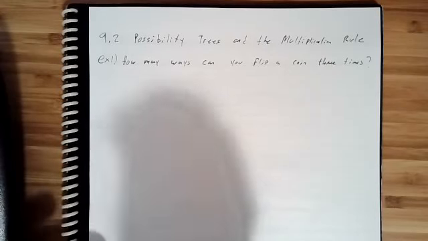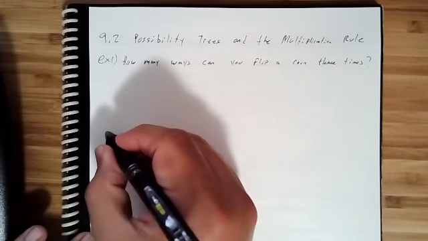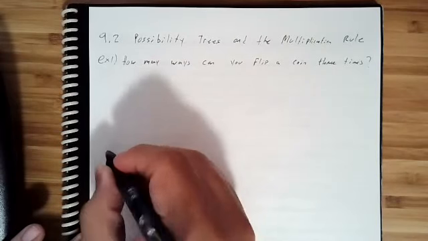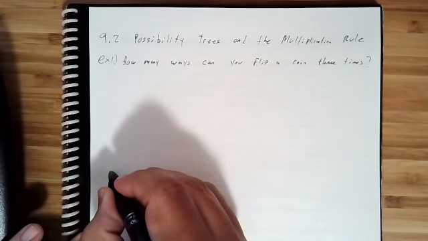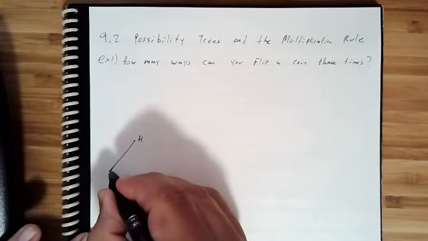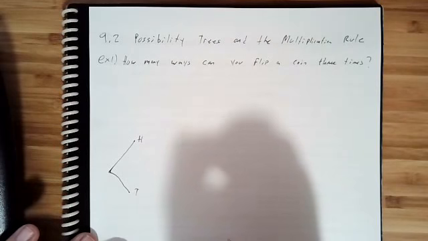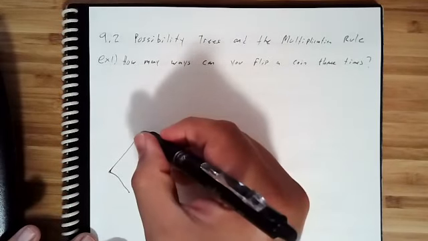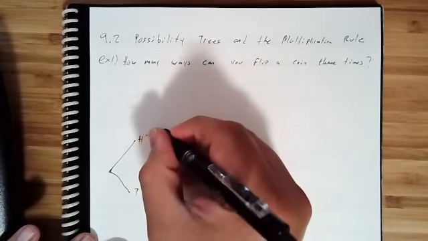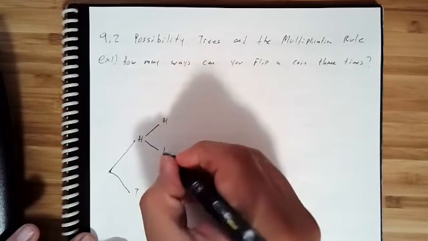So what you do is draw a tree, basically. Let's say I flip a coin. The first event can either be heads or tails. If I assume that the first event was heads, then I can get another heads or a tails.